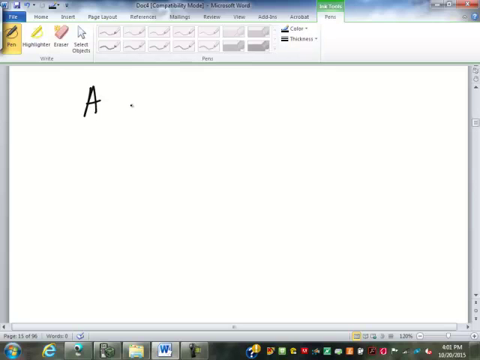Let's do a word problem. Let's say a garage is 24 by 40 feet.